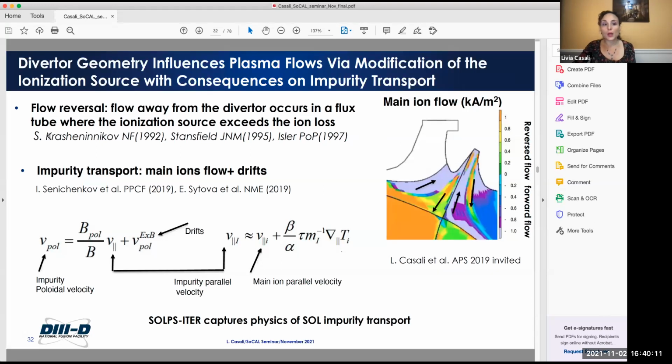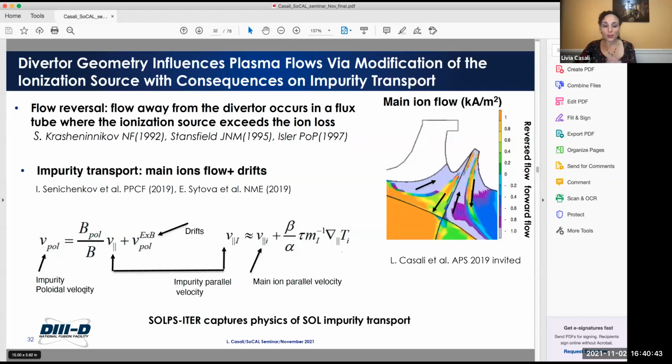This has been theoretically predicted and also experimentally verified. Why this is so important here is because the main ion flows, and consequently also flow reversal, actually enter the equation for the impurity transport. The impurity transport is basically dominated by this term, which is the impurity collisional velocity.